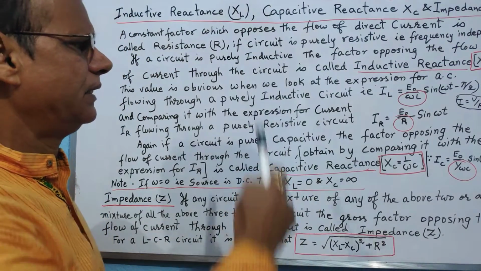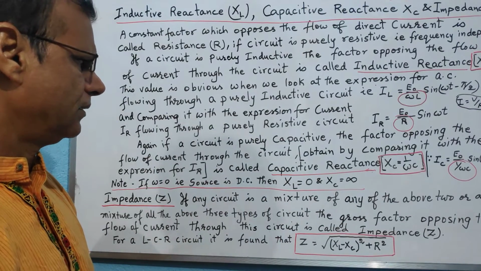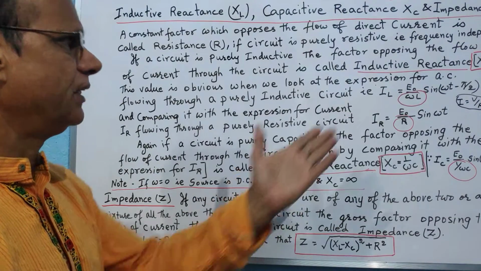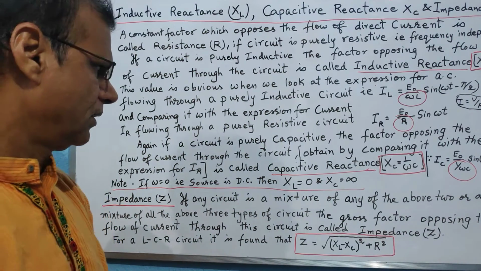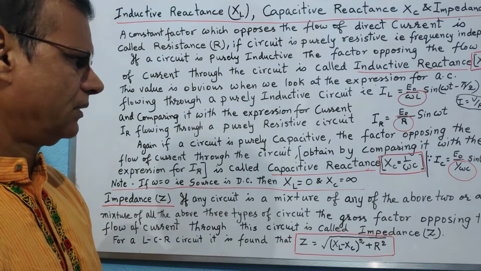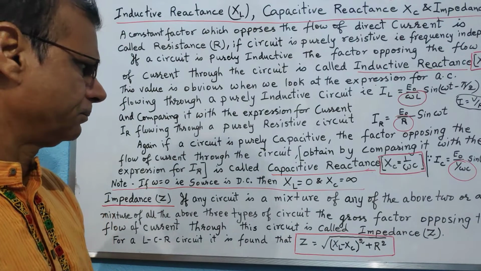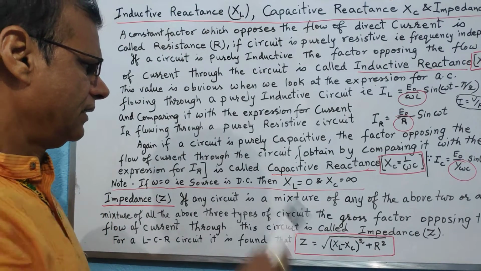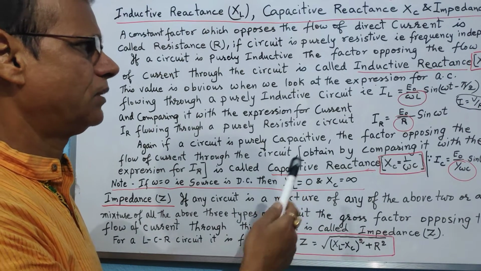And for inductance, if the resistance of the inductance coil L is 0, then XL will be 0. And if we consider some resistance, that resistance will remain there, and the total opposition to the flow of current will not be 0.